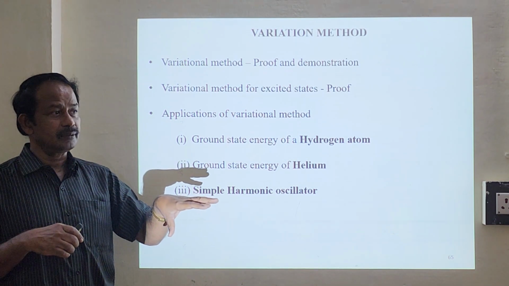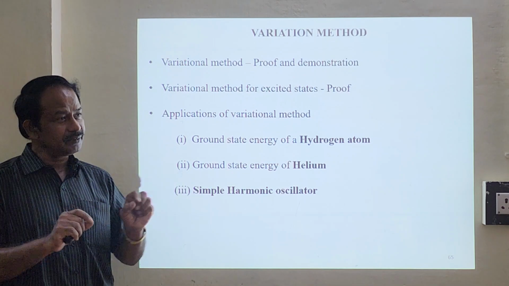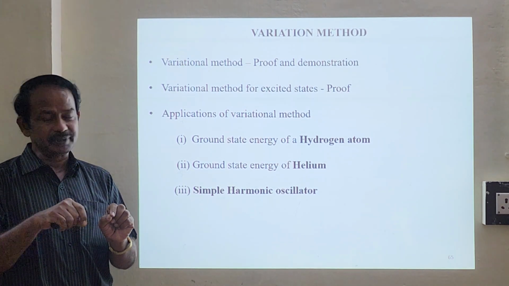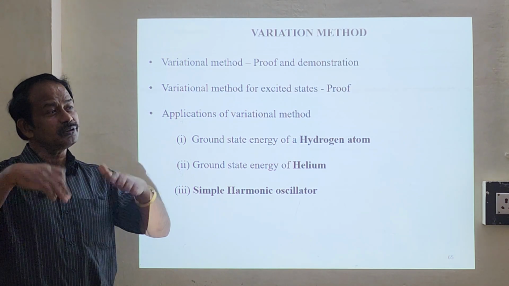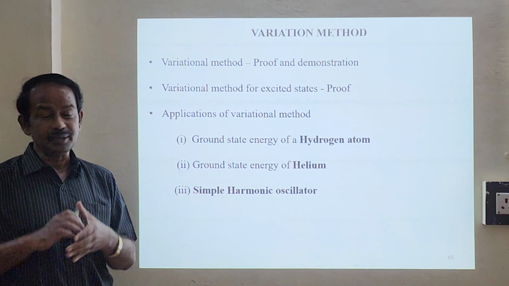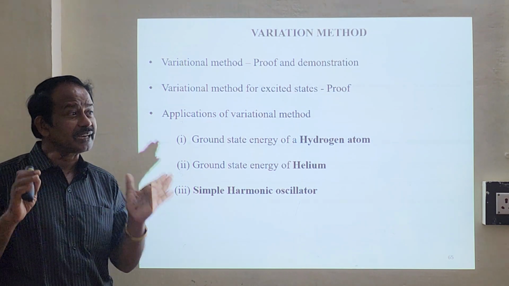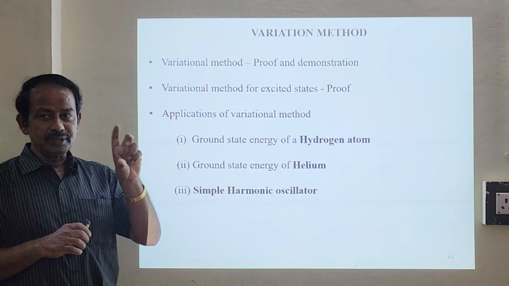Already we have one variation parameter. So the moment we apply the magnetic field, we can add one more variation parameter. For the electric field, we can add one more parameter. So the more variation parameters, the more accurate the answer. So the number of variation parameters matters.